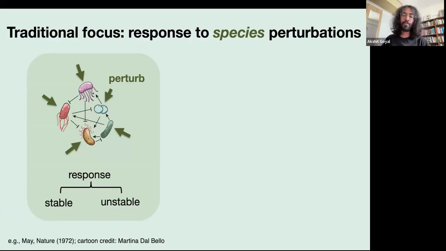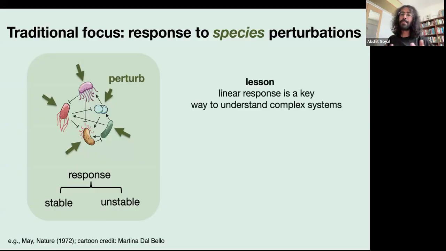This is an approach that was pioneered by Robert May way back in his seminal 1972 paper. I would say it taught us an important lesson that has served us well: understanding response to perturbations, and in particular linear response to perturbations, which is the mathematical way that we deal with this, is a key way to understand complex systems, for instance, complex populations or ecosystems.